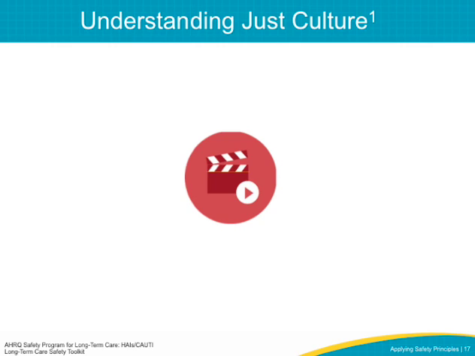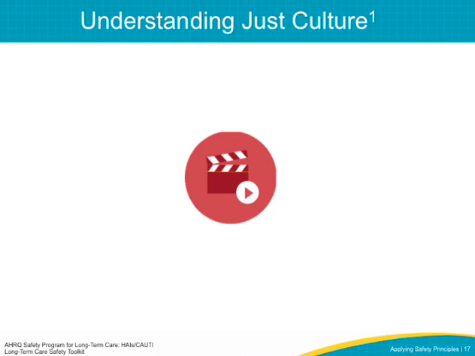The term just culture refers to a system of shared accountability in which healthcare organizations are accountable for the practices they've designed and for sustaining the safe choices they've made. Staff, in turn, are accountable for the quality of the choices they make to ensure their residents receive the highest quality of care possible.